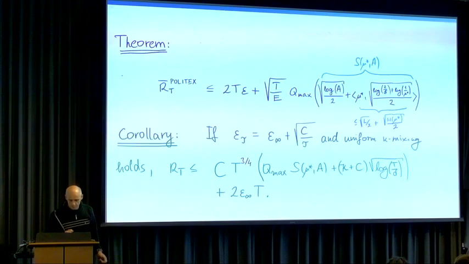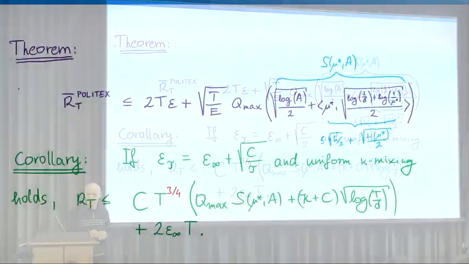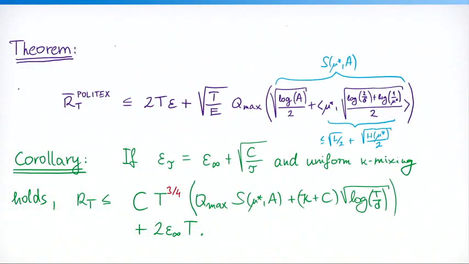Okay, so up to now, if we put everything together, then we can read out the following result from what we know so far. The pseudo-regret of this algorithm is going to be controlled as follows.